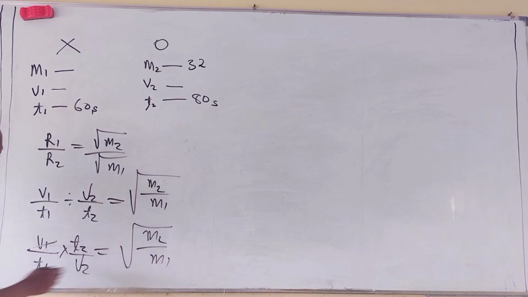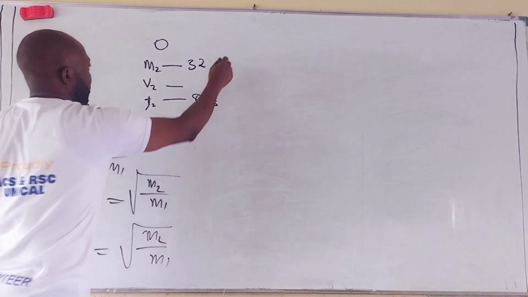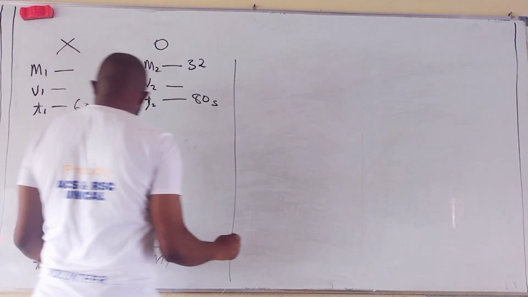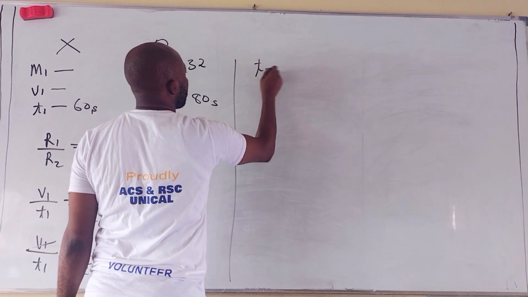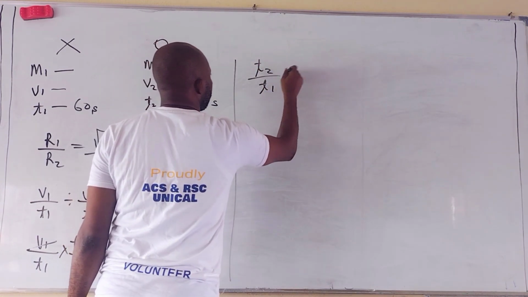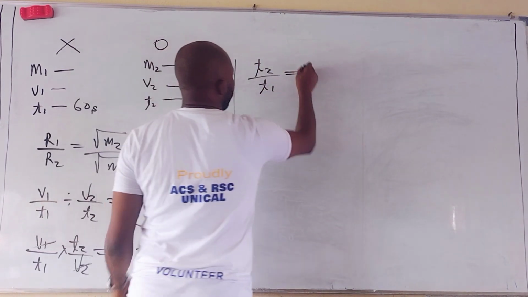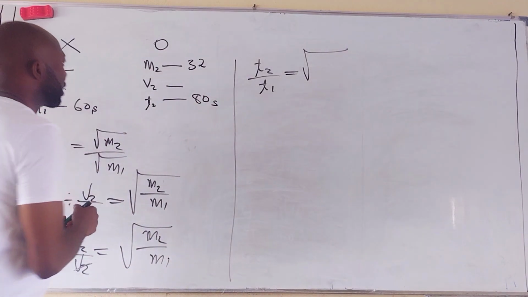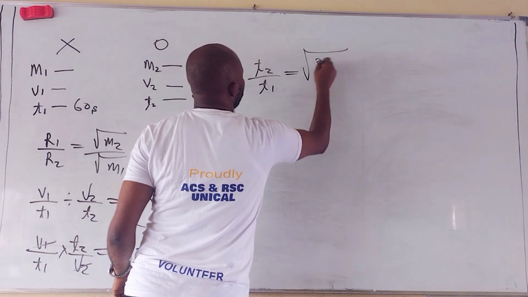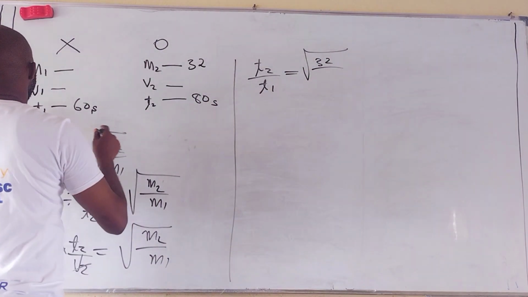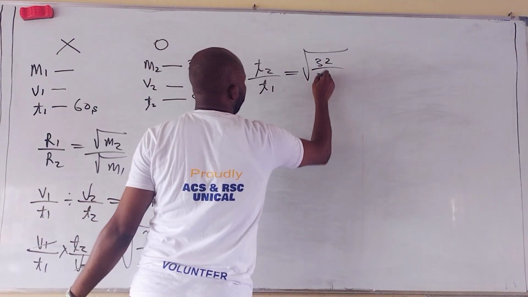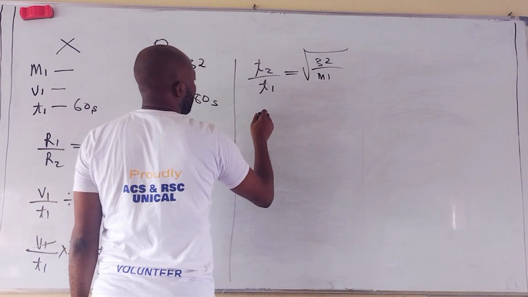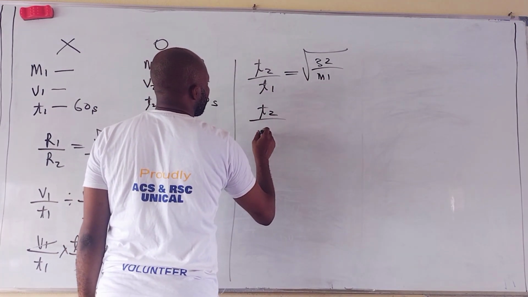Now they say they are equal volumes. So I have T2 over T1 is equal to the root of M2, the relative molecular mass of the oxygen here, which is 32, over that of M1, we don't know. So I have my M1.